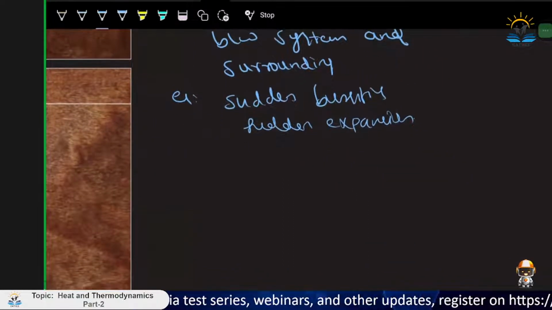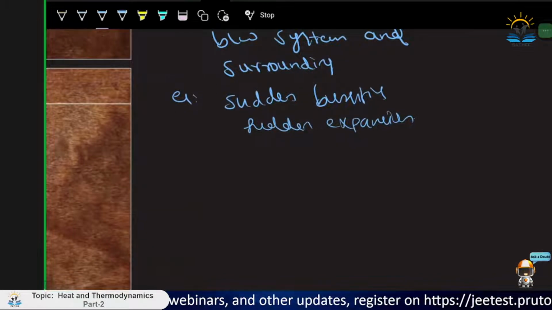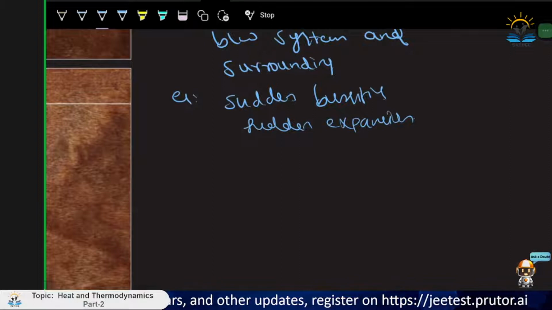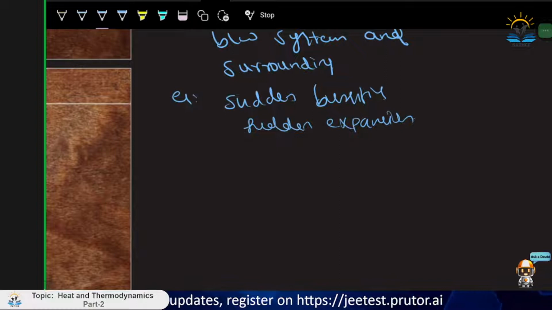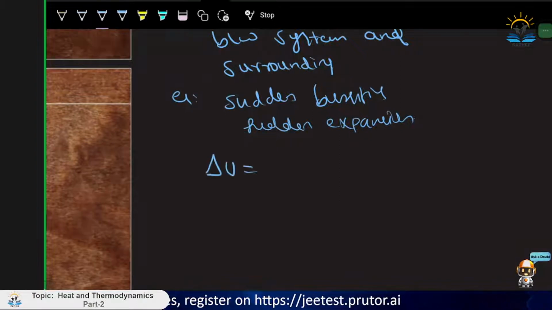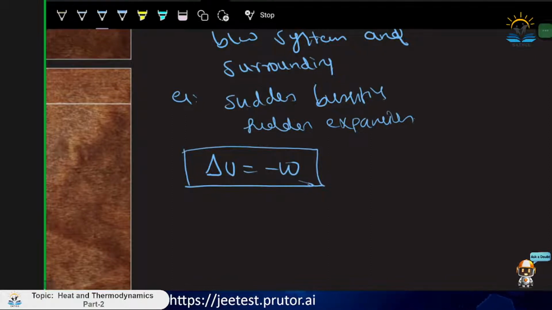So in adiabatic process, Q is equal to 0. So delta U is equal to minus W. What does this actually mean?